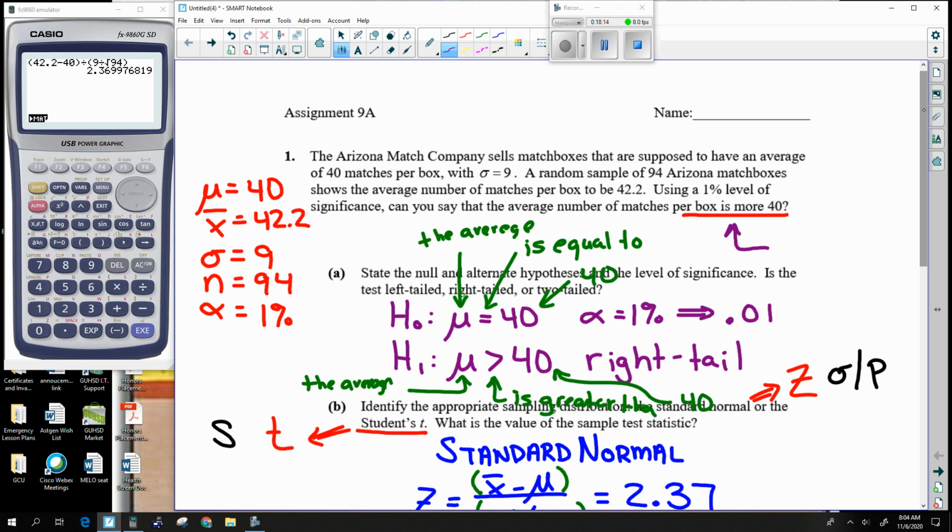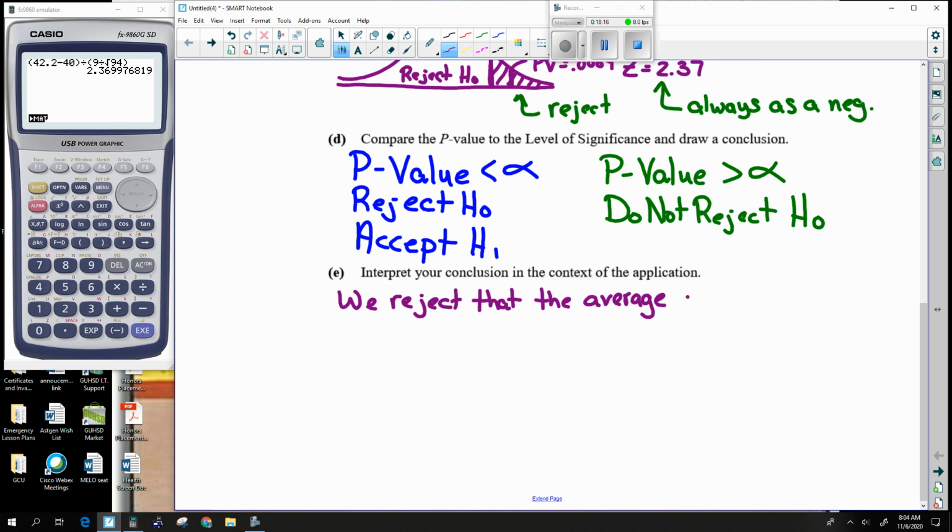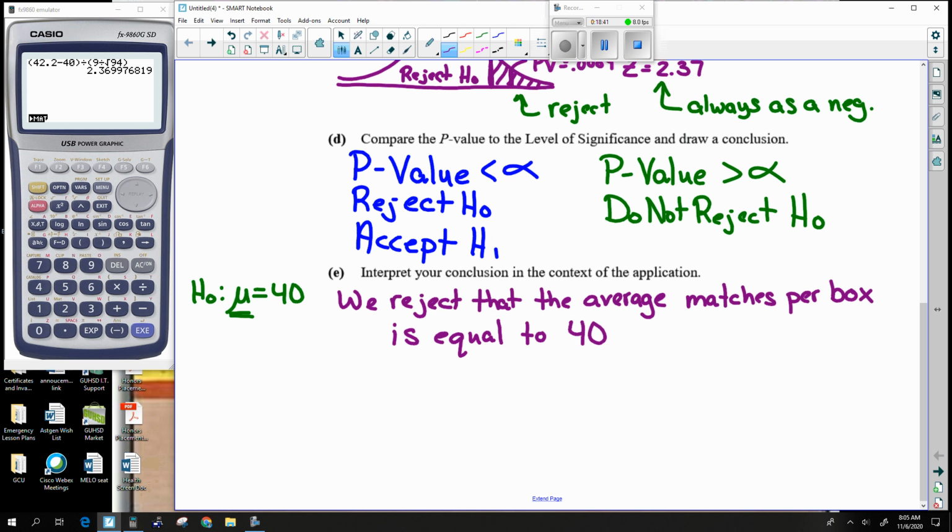And this is matches per box. All right, so again, H naught is saying mu is equal to 40. So we have the average matches per box is equal to 40. We reject H naught. And H1, what we have written above, is this. And so that's what we say.